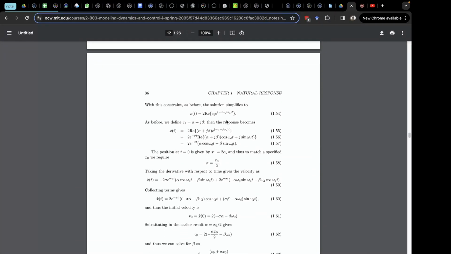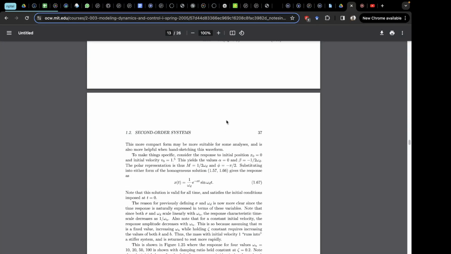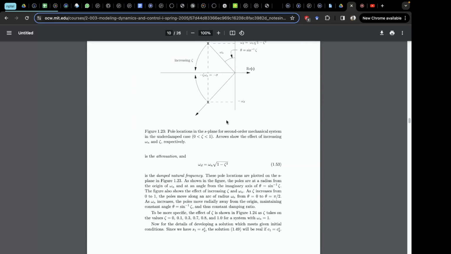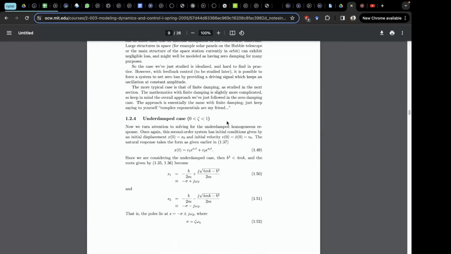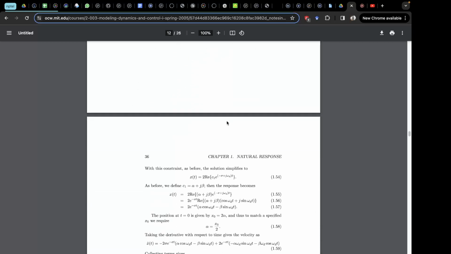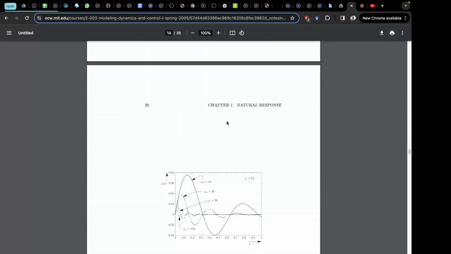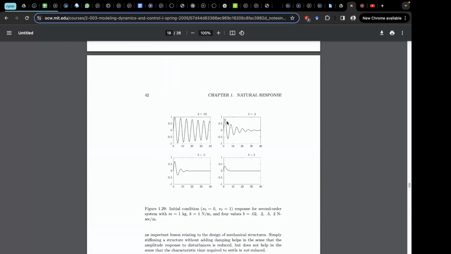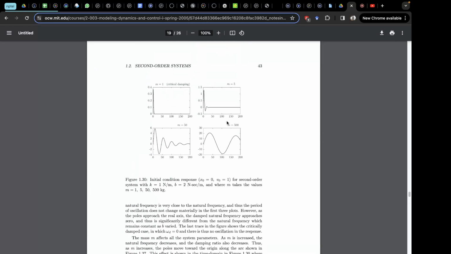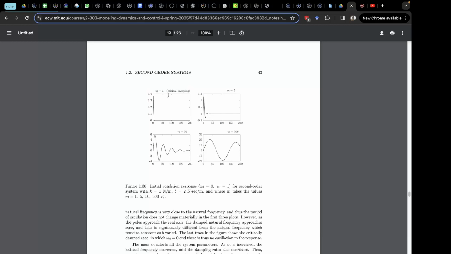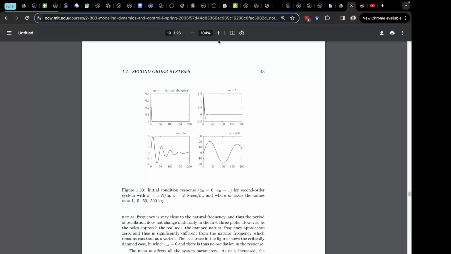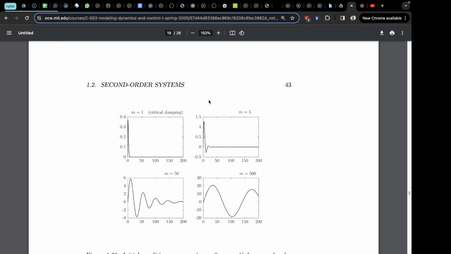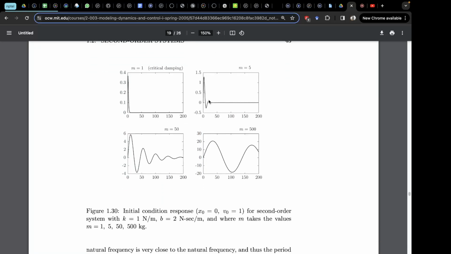And in this case, let me see if there is some information about it here. Yeah, critical damping you can see. Okay, so yeah, these plots I might not have drawn so accurately.